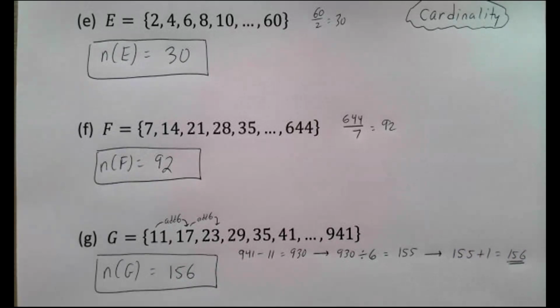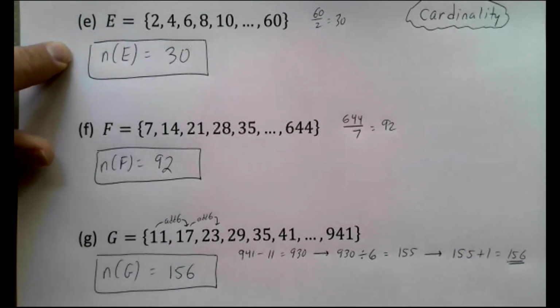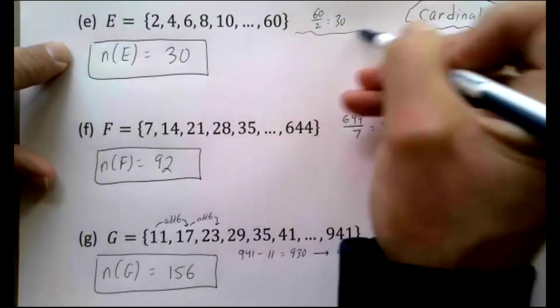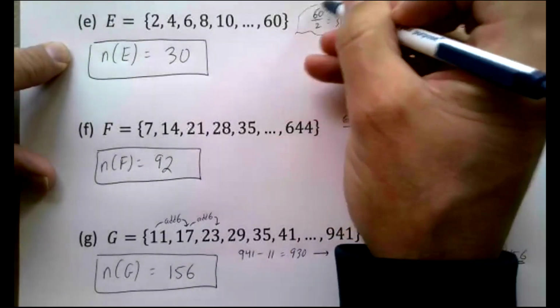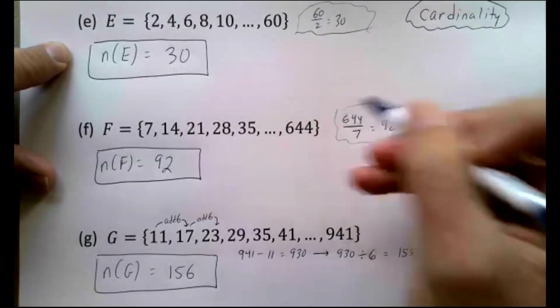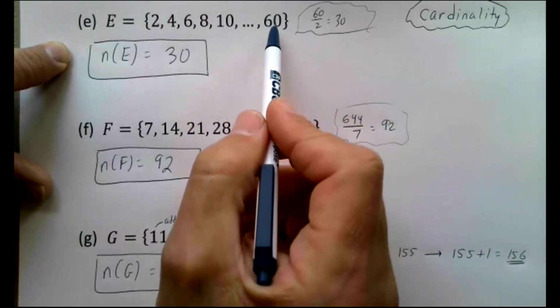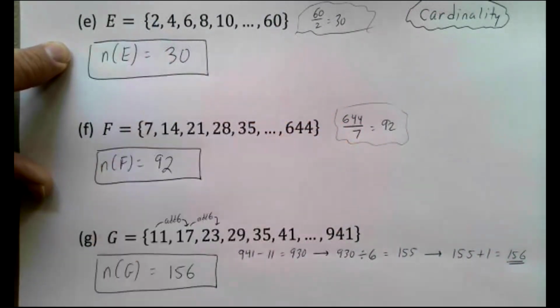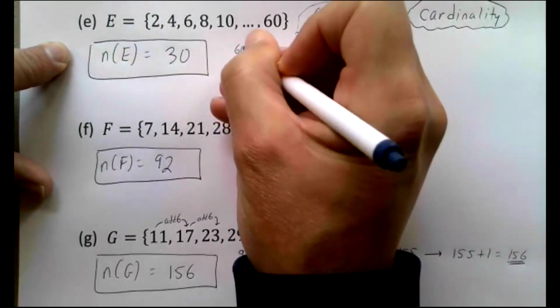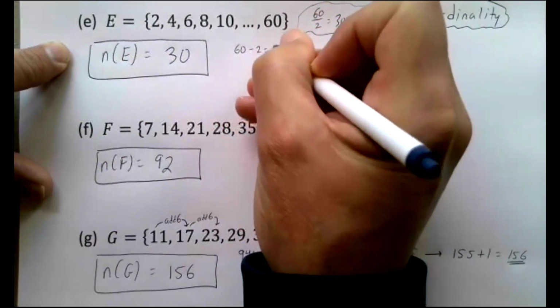Let's try to understand these steps. What if I tried to apply the same logic up here? We know that 60 divided by 2 is 30 and so on. But what if we didn't use that logic? What if I tried to use this logic? What if I took 60 minus 2, which would be 58?